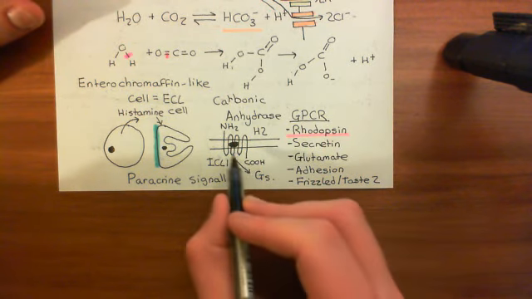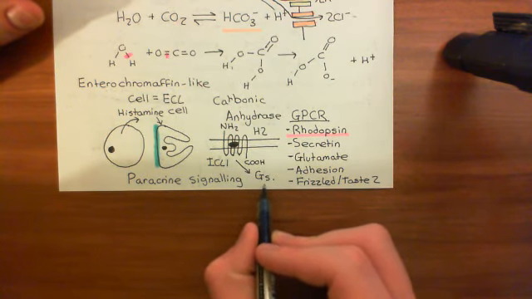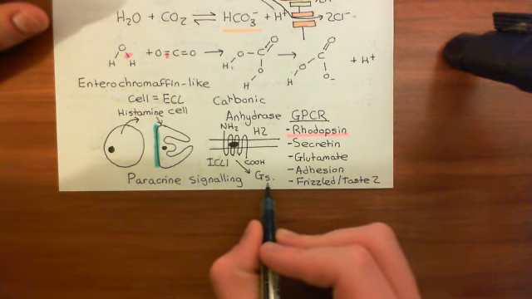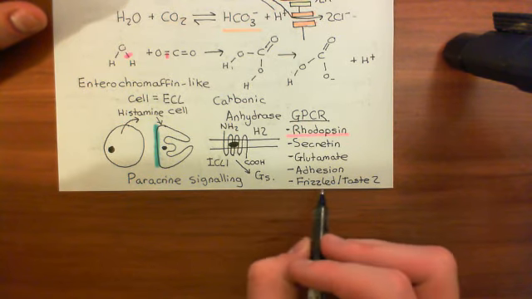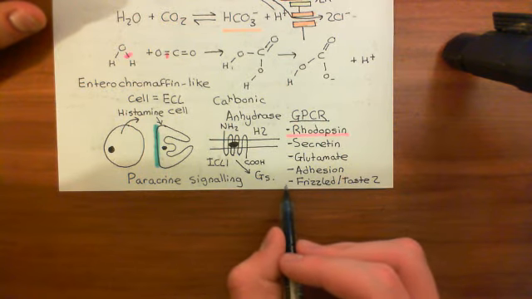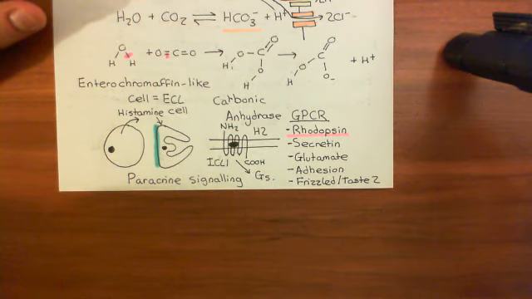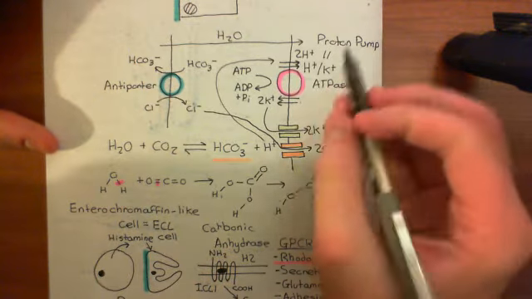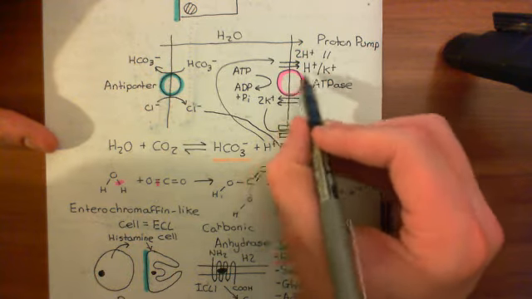So the activated H2 receptor will activate the heterotrimeric GS protein, and the activated alpha S subunit will then go on to activate adenylyl cyclase enzymes, which will cause the production of cyclic AMP. That cyclic AMP will activate protein kinase A enzymes, and protein kinase A enzymes will then result in the phosphorylation of the proton potassium ATPase, which then activates it.